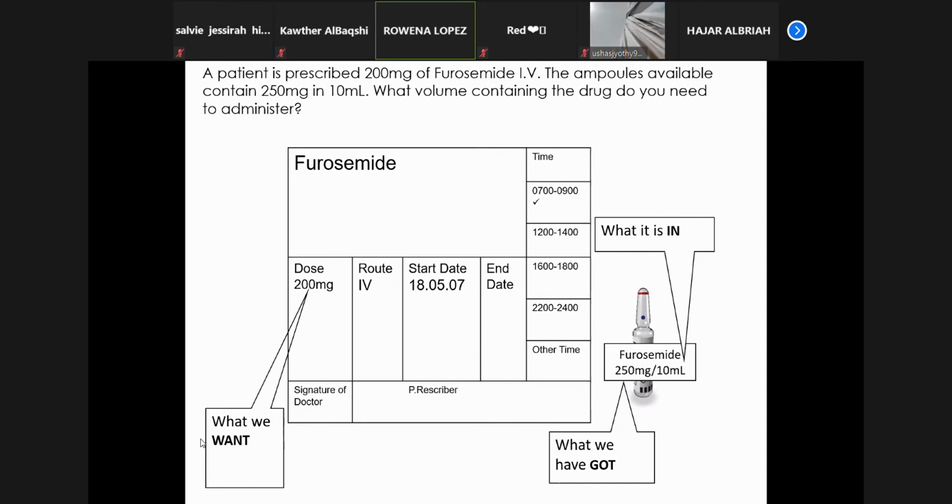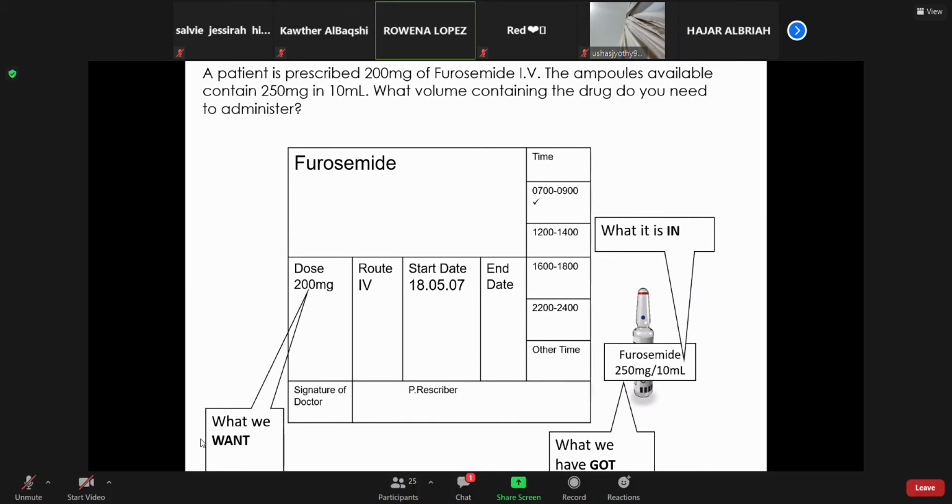So we have here the dose, which is 200 milligrams. This is what we want. And what is in? We have furosemide 250 milligrams per 10 ml. This is what we got. So what is the answer? So we are talking about what volume containing the drug do you need to administer?